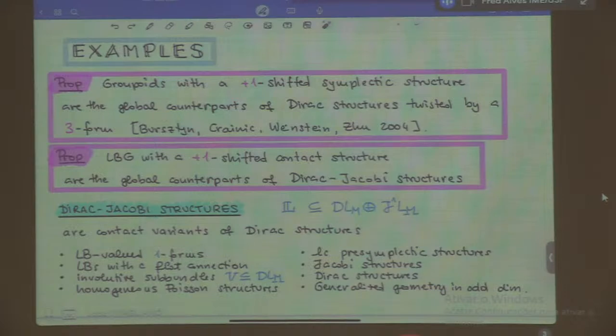Finally, one can generalize complex geometry in odd dimensions using these Dirac-Jacobi structures. And of course, with Dirac-Jacobi structures, we can construct very many examples of +1 shifted contact structures. So just take a Dirac-Jacobi structure. If it's integrable, then on the integrating groupoid there is a +1 shifted contact structure.